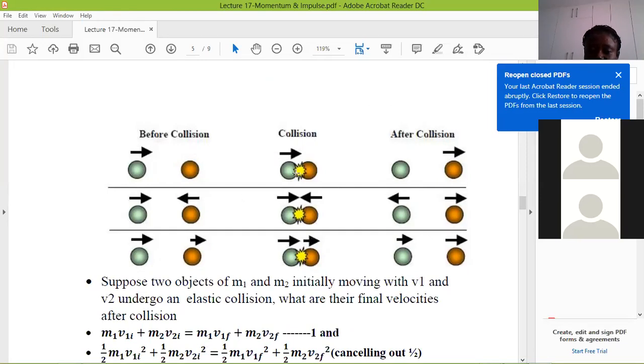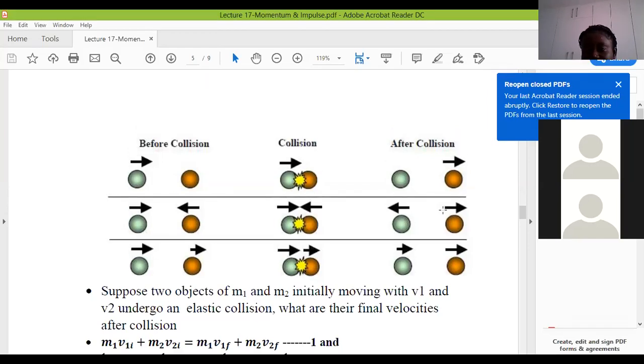They interact, so the moving object stays at rest, while the one that was at rest starts to move. We also have objects coming toward each other, facing one another. They collide, then each object bounces off in the opposite direction. They don't stick together and move together.